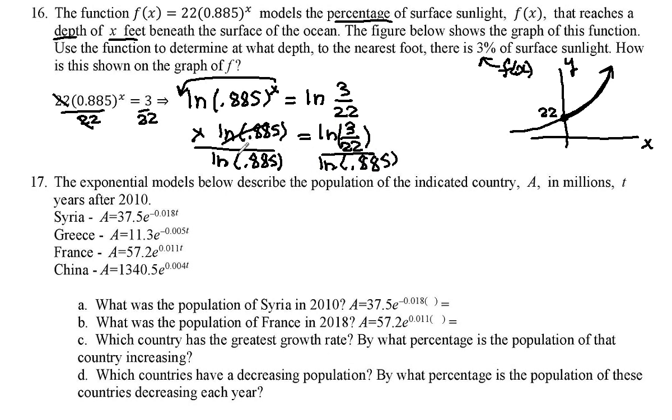And then these guys cancel. Log of 0.885 is just a number that cancels off, and x is our depth. So that's this guy here. So you plug that into your calculator, make sure you use parentheses on the top there. And when I plugged that in, I got approximately 16.3.